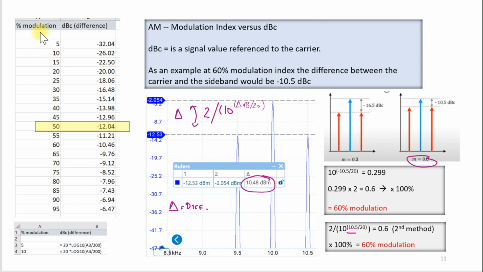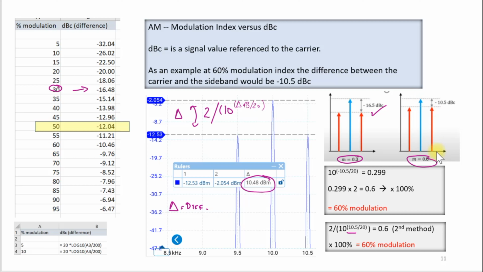And what I did here is created a program, or an Excel file, that allowed me to look at the difference between the carrier frequency and the sideband frequency, and what percent modulation it would produce. So for example, you can see over here that if I had a modulation index of 0.3, which is 30%, I would come over here, and it should give me a value of about minus 16.5 dB, and it does.